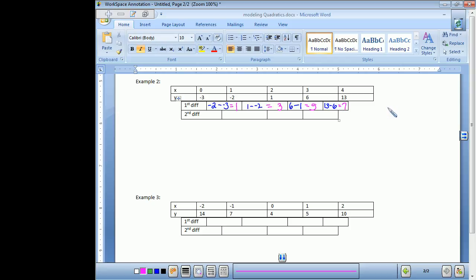We ruled out exponential. Let's see if the second difference is constant. I'm going to write in green since it's St. Patty's Day. So for the second difference, we do the difference in these numbers. So what is 3 minus 1? 2. What is 5 minus 3? 2. What is 7 minus 5? 2. Did I get the same thing?